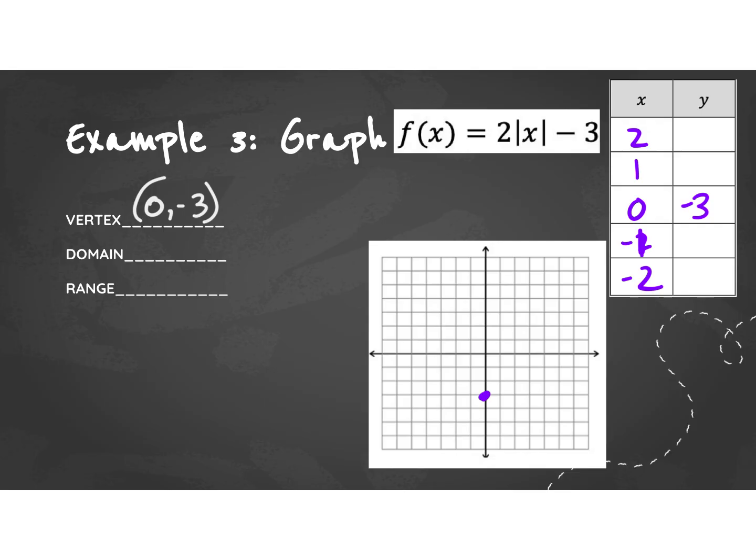Then when I put that into my equation, negative 1 and 1 both get negative 1. 2 and negative 2 both get positive 1. So if you look, that V is a little bit skinnier. So once again, my domain is going to be all real numbers. And my range is going to be just everything greater than or equal to negative 3.